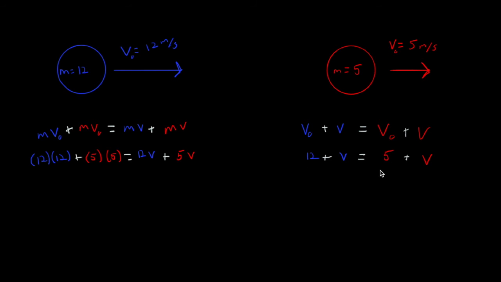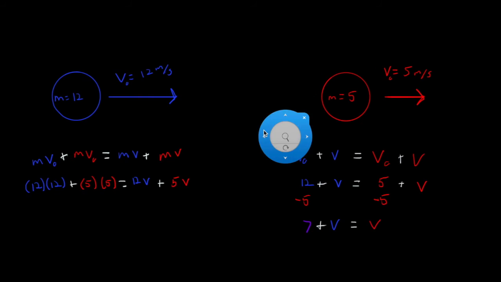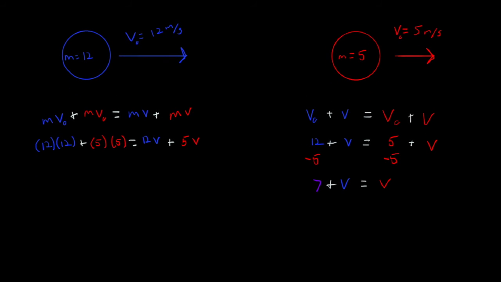So I'm going to try and keep that theme going by subtracting 5 from both sides so that I can keep my numbers positive. So in just a few short steps, I've simplified these two equations to just have two terms apiece and I can substitute these in for each other.